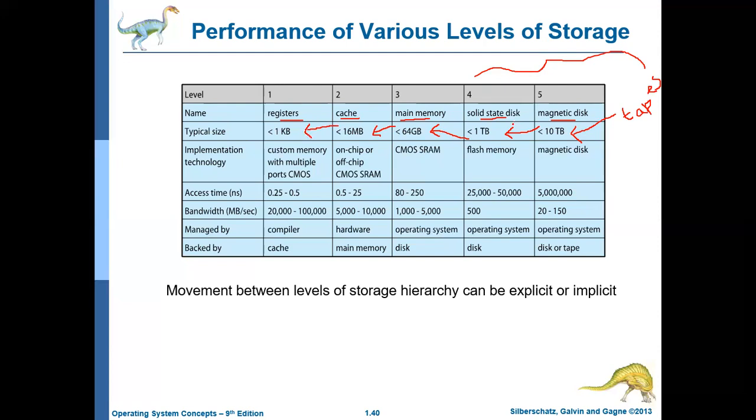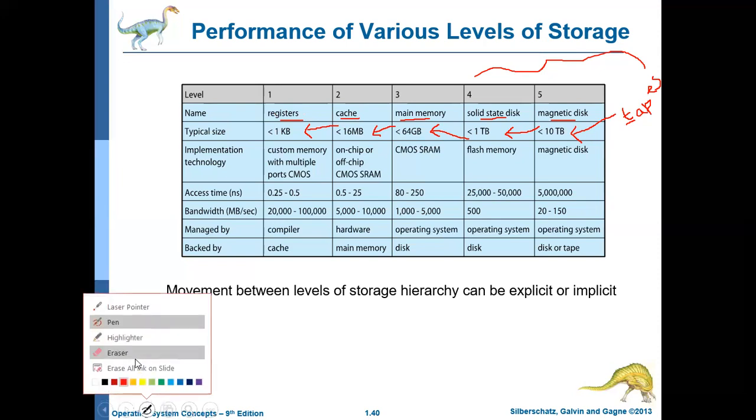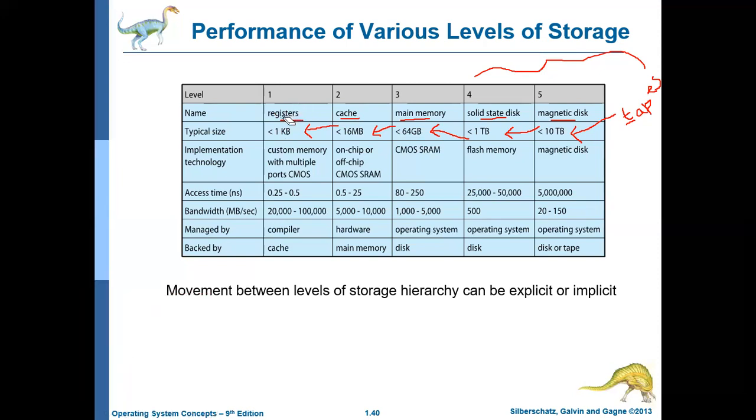So in this context, magnetic disks act as a cache memory for tapes, solid state disk acts as a cache memory for magnetic disk, main memory acts as a cache memory for solid state disk, cache memory is a cache for main memory, and registers act as a cache for the cache memory. So there are several levels of cache available. This is one view of cache memory.